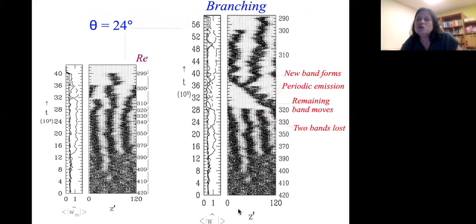It does not want to have a wavelength of 120 at 320. No, it wants to have a wavelength of 60. So it keeps trying to make a new band, but it doesn't make it until finally it does. This shows you how much it wants to have a wavelength of 60 here. That's really a feature of it. And so finally it succeeds in making another band, and it goes on there.